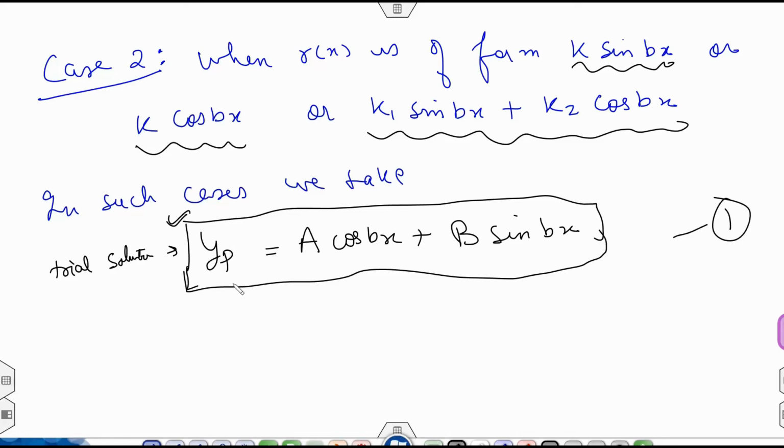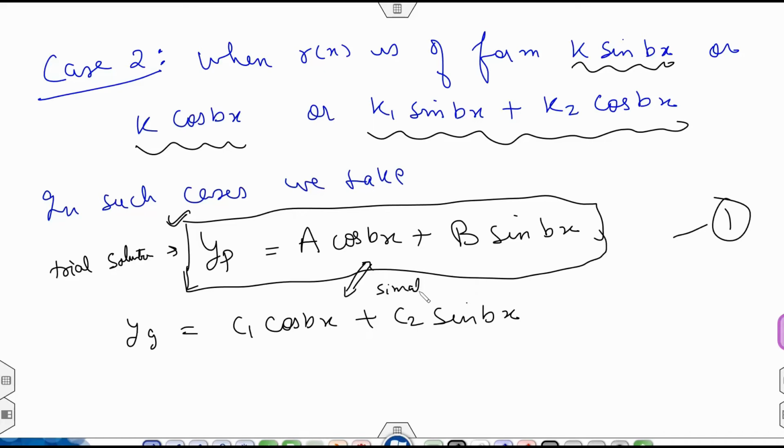Now there is another special case here also. At first glance you will take your particular solution as this, but however, if your general solution can generate Rx, like if your general solution is yg equal to c1 cos of bx plus c2 sine of bx, you can see that there is similarity between yp and yg.